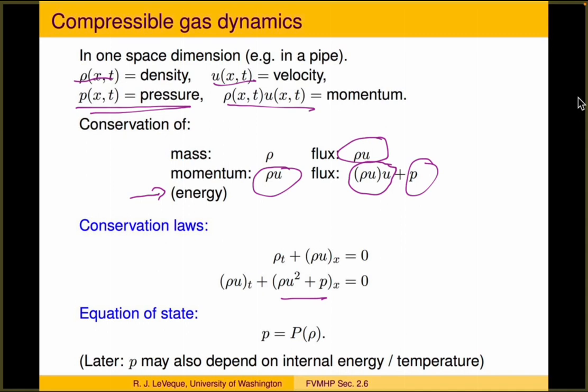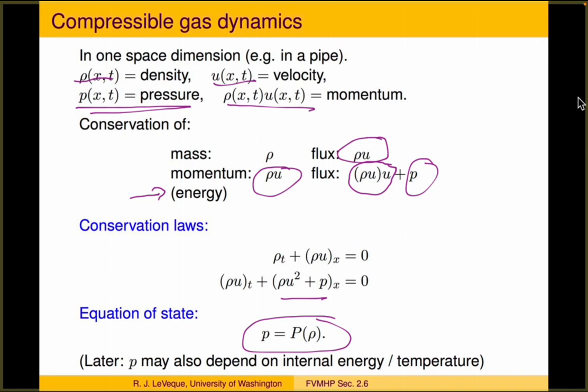And pressure is not a conserved quantity the way mass and momentum are, so we don't derive a conservation law for pressure. Instead, we typically have what's called an equation of state, which for the simple cases that we'll look at first simply says that the pressure can be written as some function of the density.